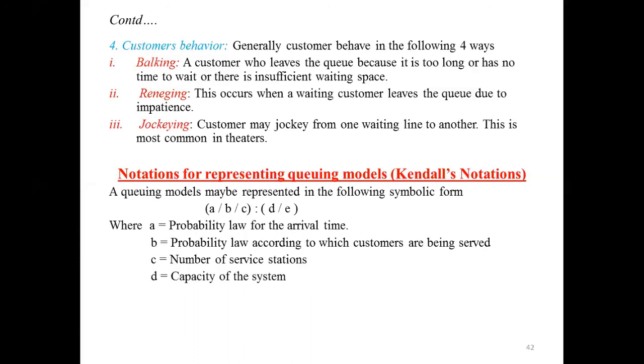Then D indicates the capacity of the system. E represents the discipline of the queue. That means a queuing model is represented by the alphabets A, B, C, D, and E.